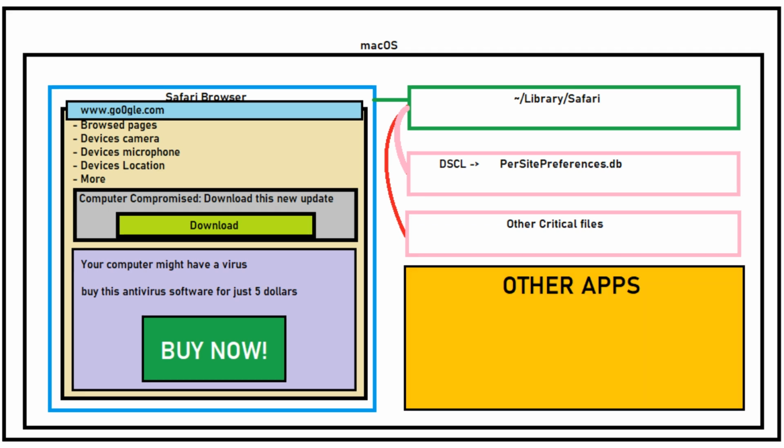Or maybe even implementing this malicious activity on other apps as well, if they take the per site preferences.db as well, or if they target the other critical files within the library.